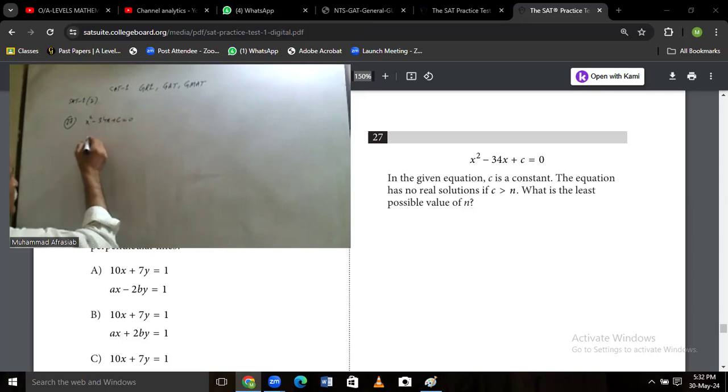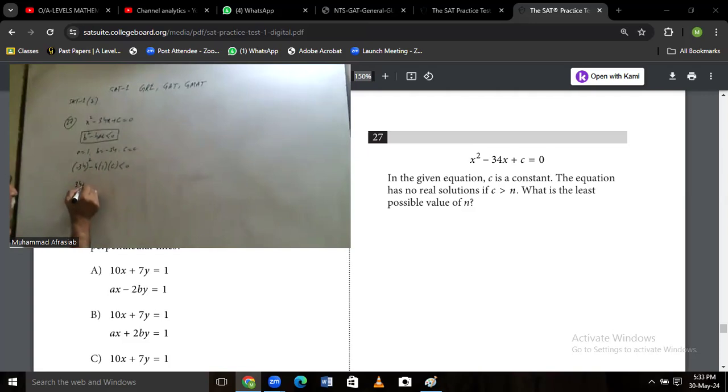Since it has no real roots, b square minus 4ac should be less than 0 for this question, where a is equal to 1, b is equal to minus 34, and c is equal to c. So b square, that is minus 34 square, minus 4 into a, which is 1, into c, should be less than 0.